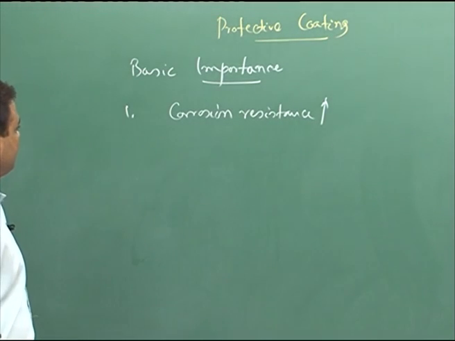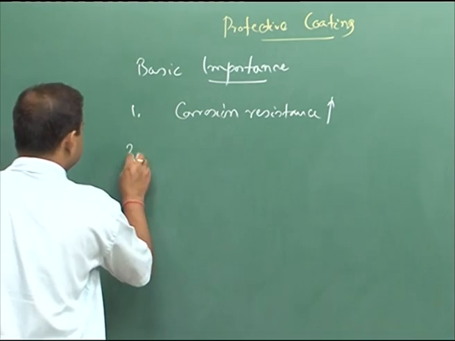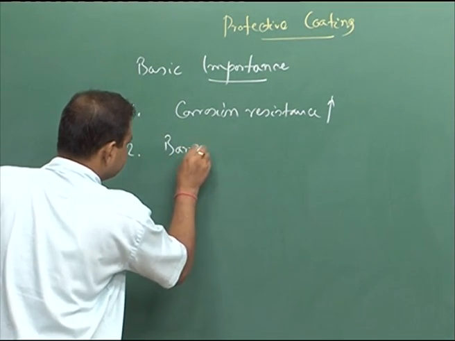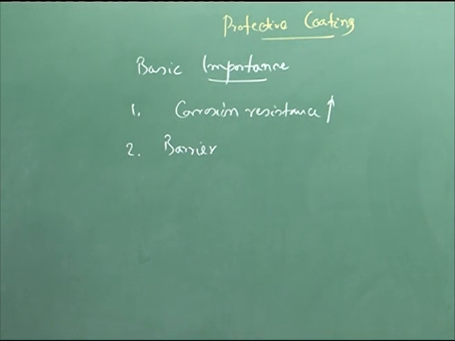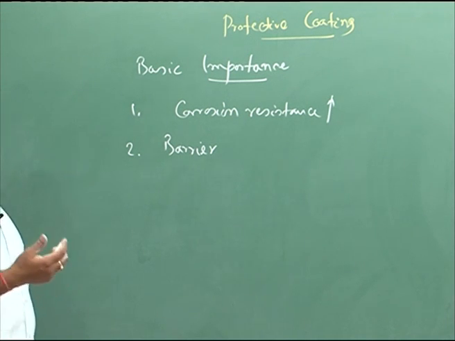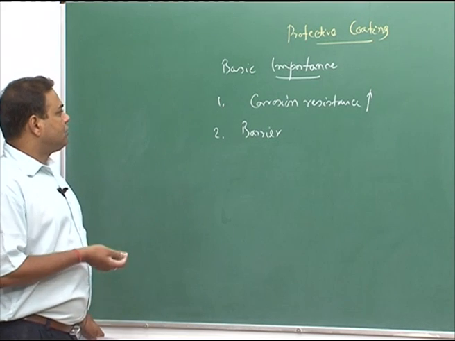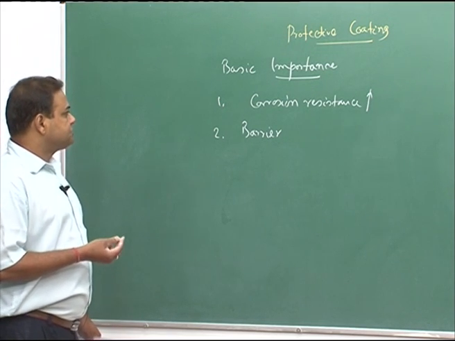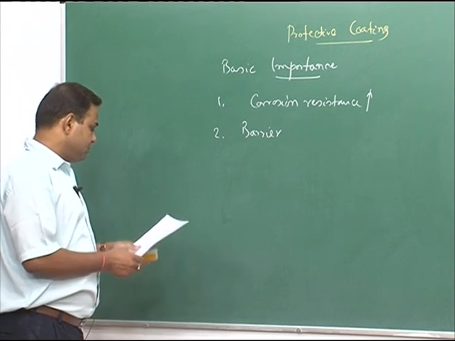And what it can do, it basically acts as a barrier for those cathodic or anodic reactions, or they themselves interact or function in the cathodic or anodic reactions, and that way they can prevent corrosion.